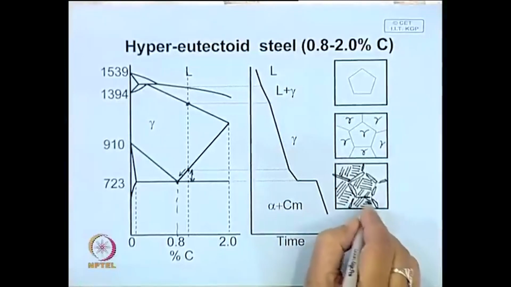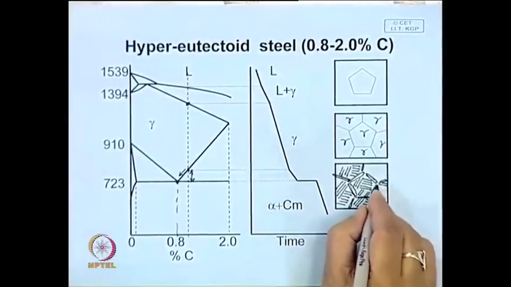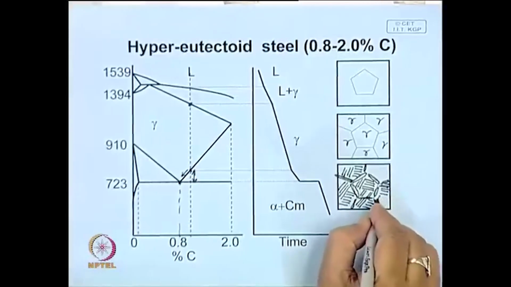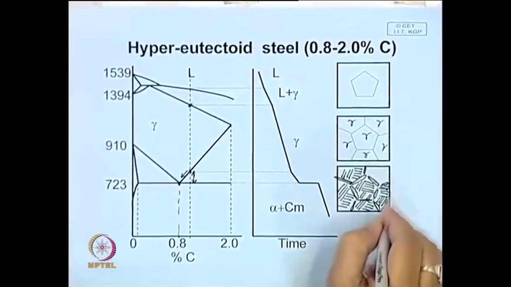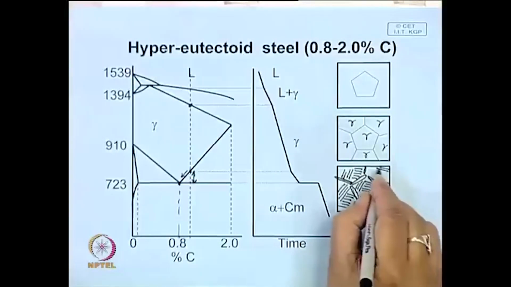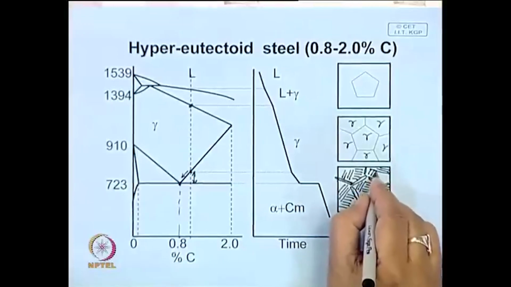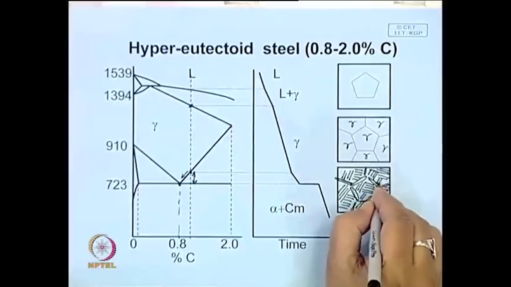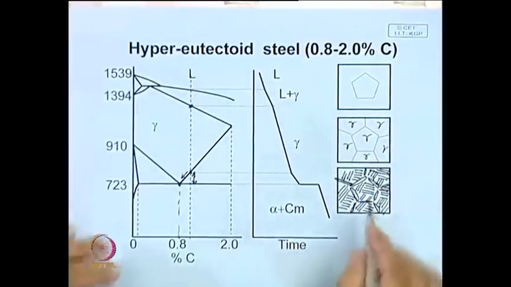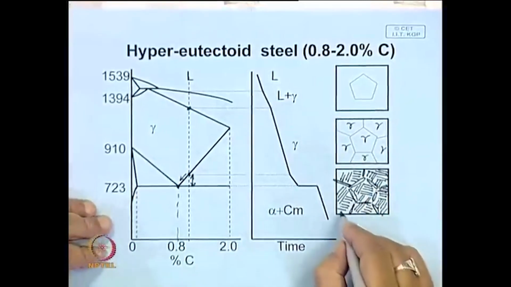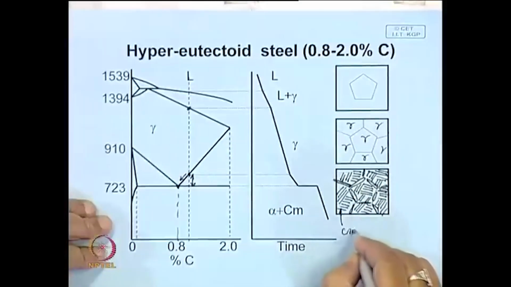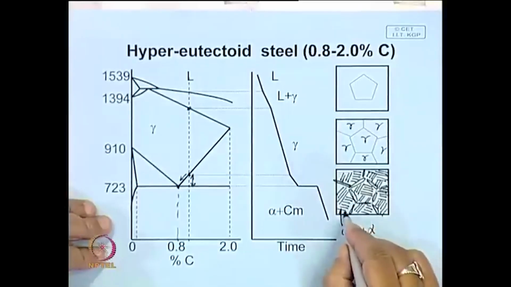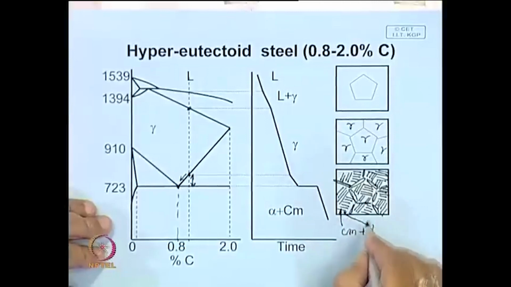Pearlite is not a phase, it is an intimate mixture of two phases, that is cementite and ferrite. The line I am representing here represents cementite, and that white portion represents ferrite.